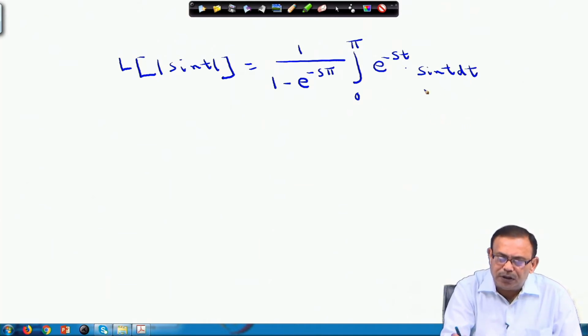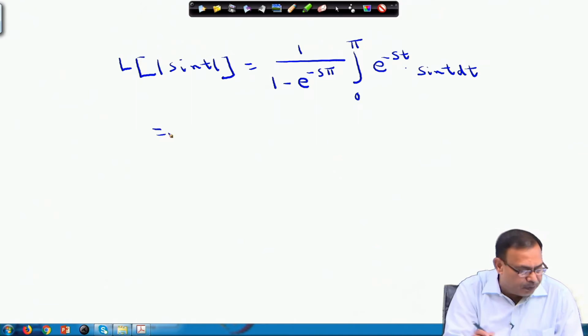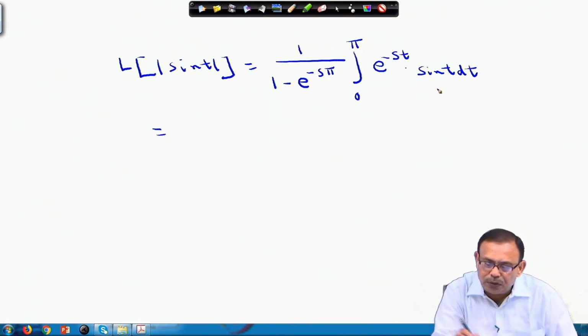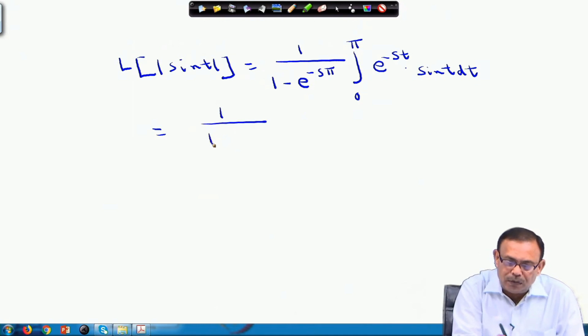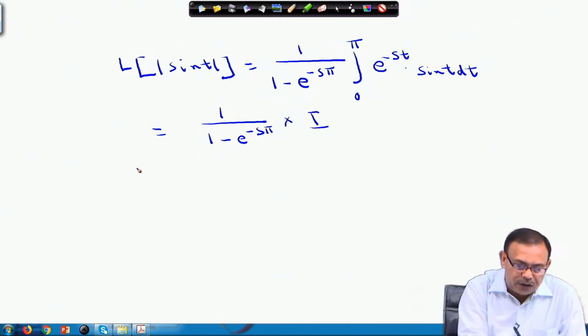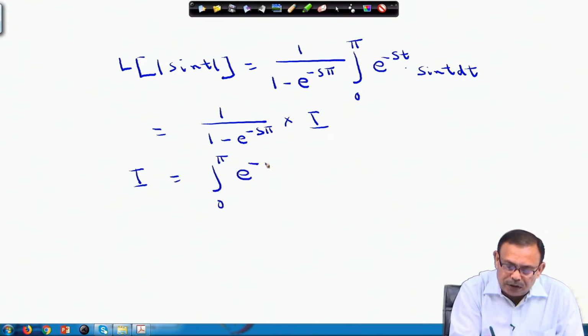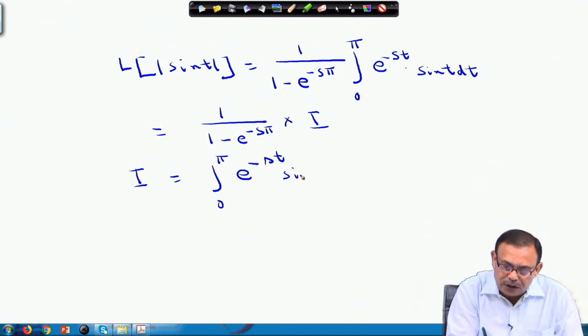Now this integral we can evaluate in the normal process. So we write 1 over 1 minus e^(-s pi) into I, where I denotes this integral, I equals the integral from 0 to pi of e^(-st) sin t dt, and we will evaluate this integral in the normal process.